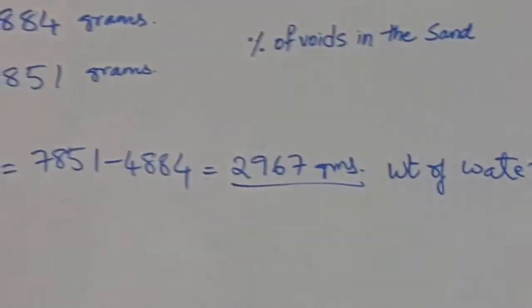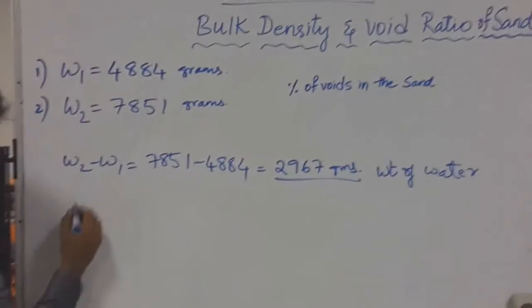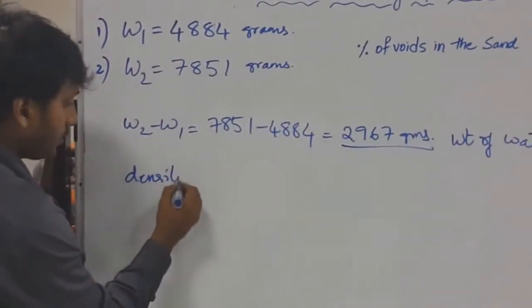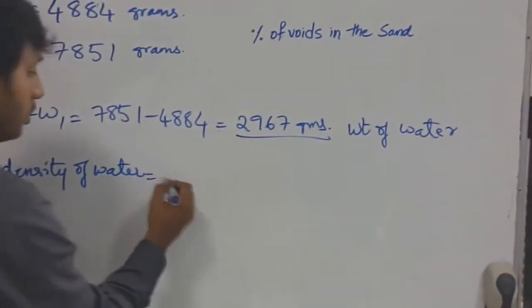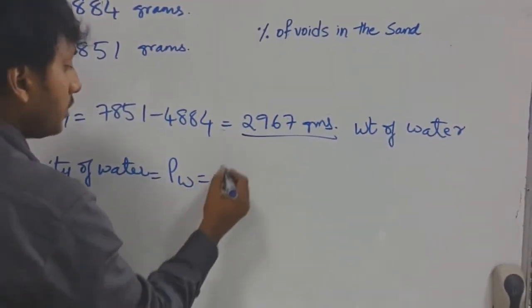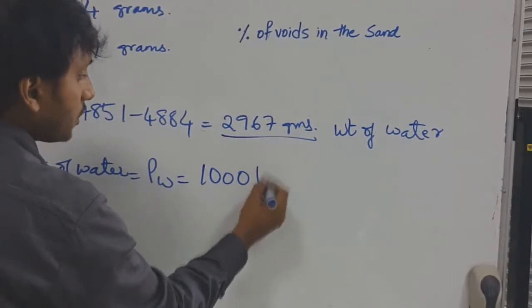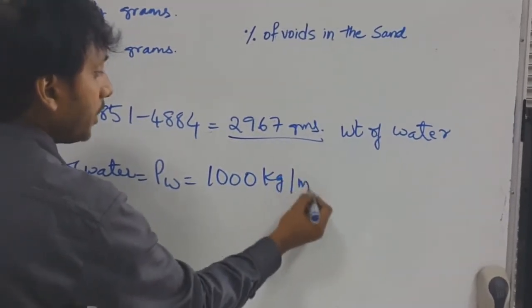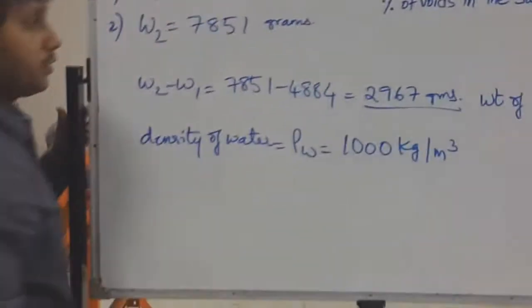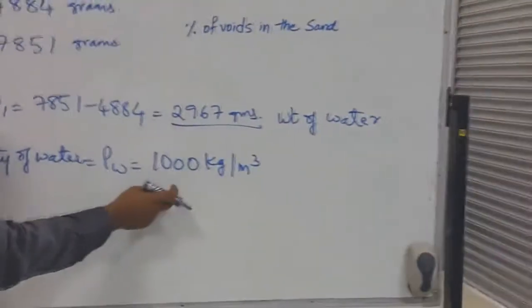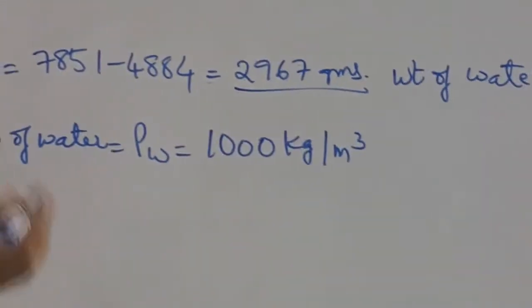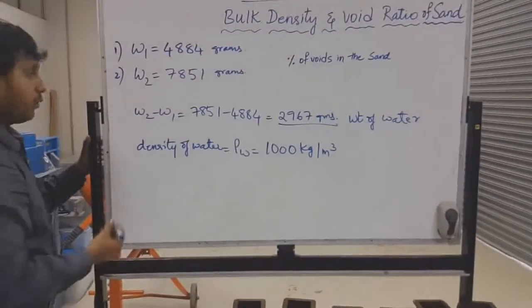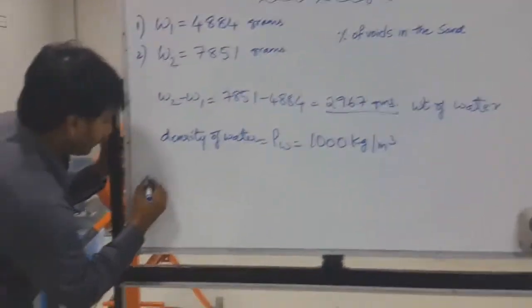Once you get the weight of water, we know the standard density of water, rho W, is 1000 kg per meter cube. Dividing the weight of water by the density of water, we can calculate the volume of mold.